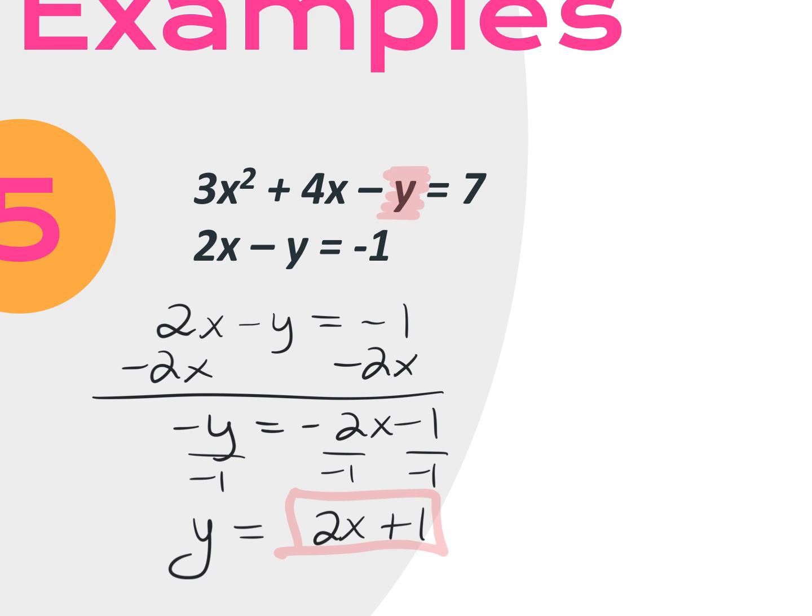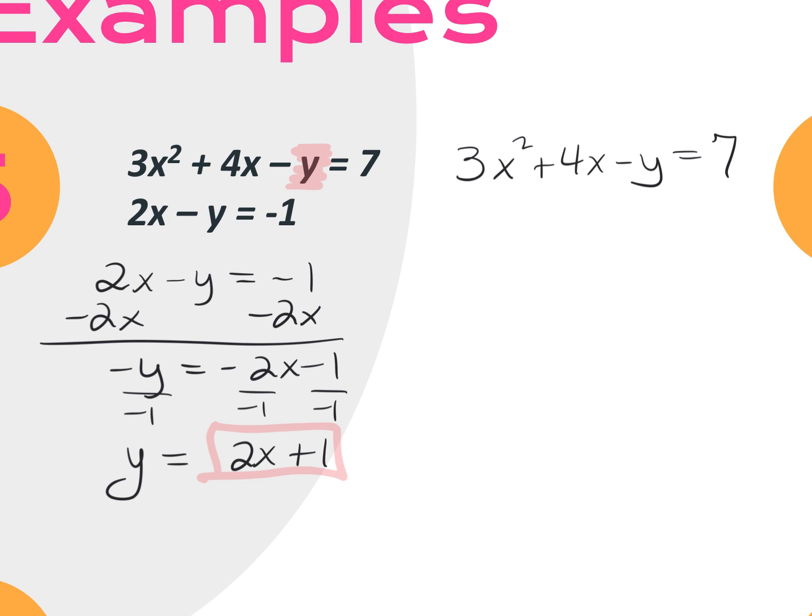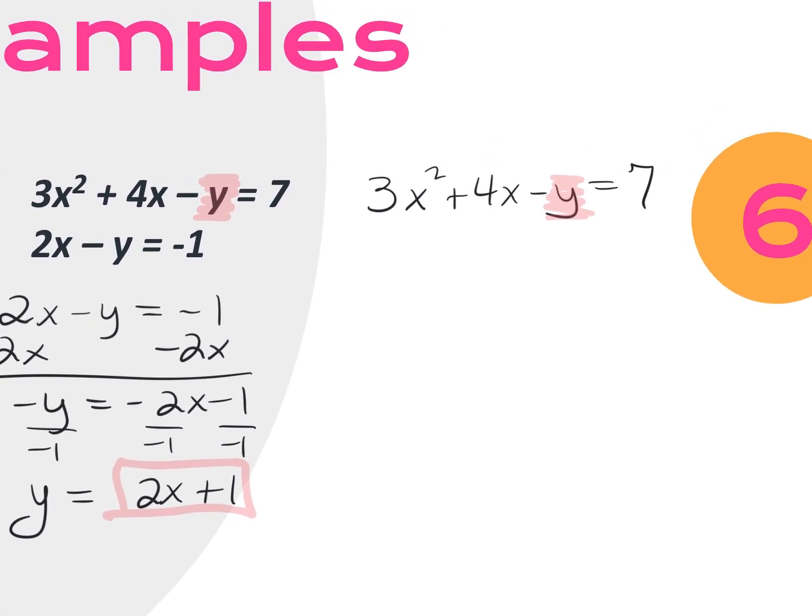So now let me take my first equation, 3x squared plus 4x minus y equals 7. I'm going to take out the y and replace it with that expression. When I replace it, I'm going to put it in with parentheses because I need to remember to distribute the subtraction sign to both terms.